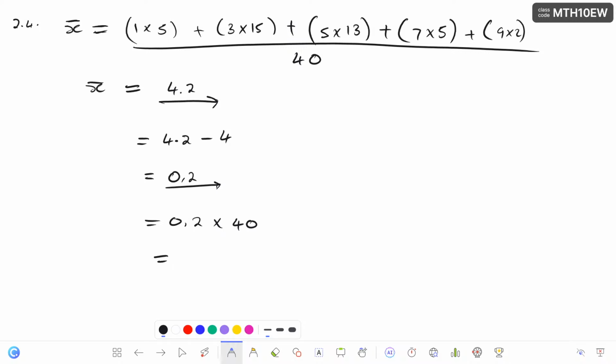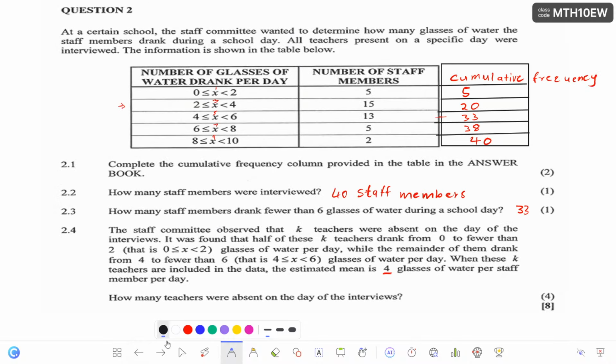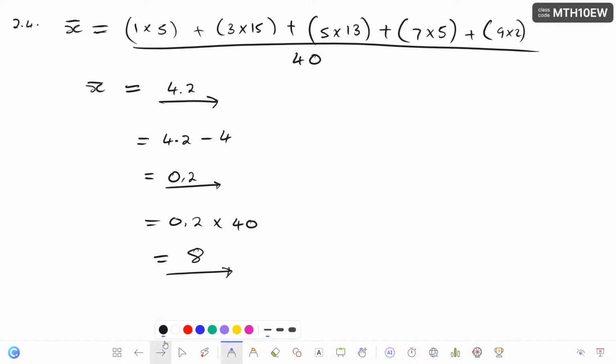So 8 staff members were not available that day when they performed this interview to check how many glasses of water they drank per day. Okay, I'm done with this one.